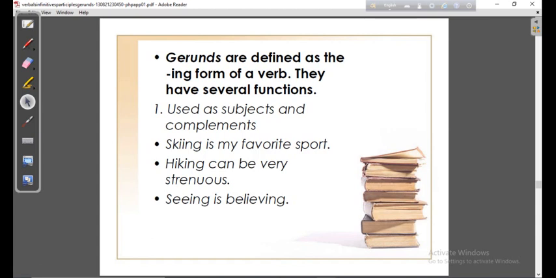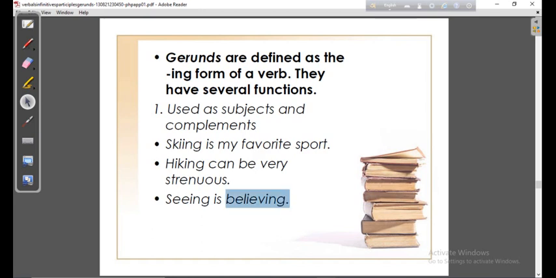So seeing is believing. Seeing, here see is the main verb and it has taken ing, but here it is not working as a verb, rather it is a noun, because this is the main verb and it is a subject, and the subject must be a noun. So, dear students, here seeing is the gerund. Same case is the believing.